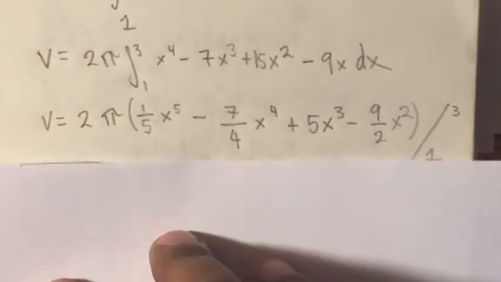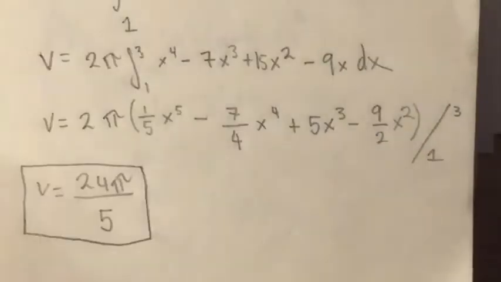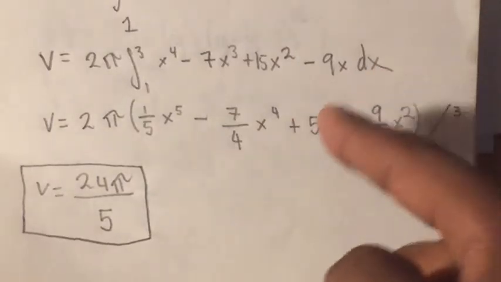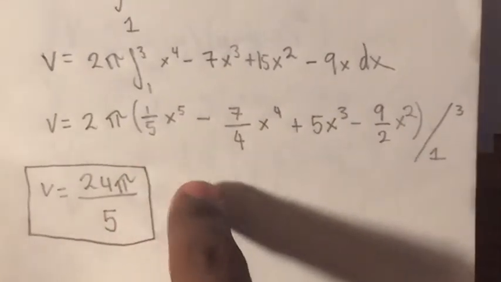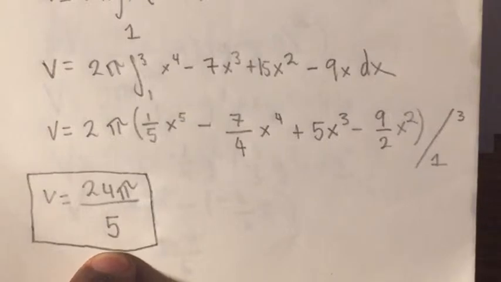It's going to be equal to 2 pi times (1/5 x to the fifth minus 7/4 x to the fourth plus 5x cubed minus 9/2 x squared). You plug in 3 minus you plug in 1 where the x's are, and you would eventually reach that the volume is 24 pi over 5.